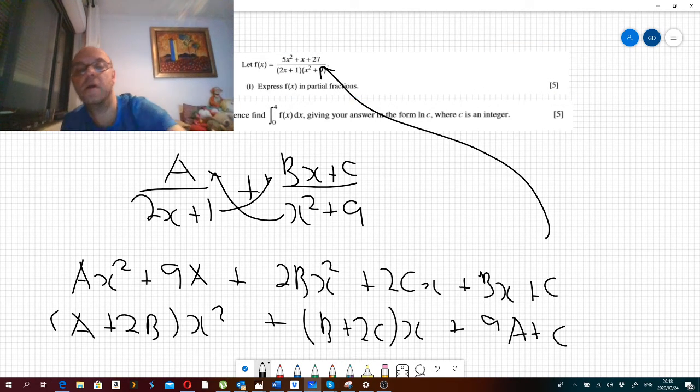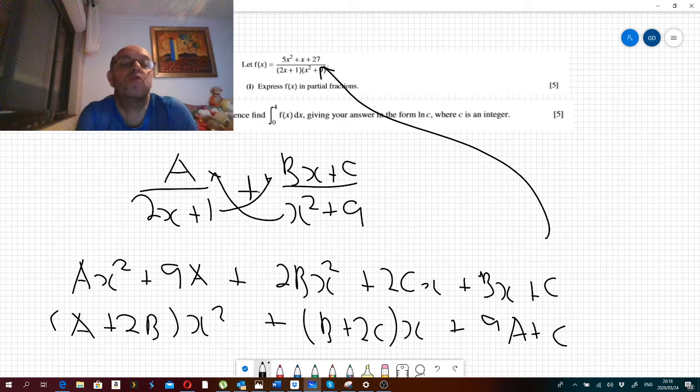And we can see from this that A plus 2b must equal the 5 in the top expression, b plus 2c must equal 1, and 9A plus c must equal 27.